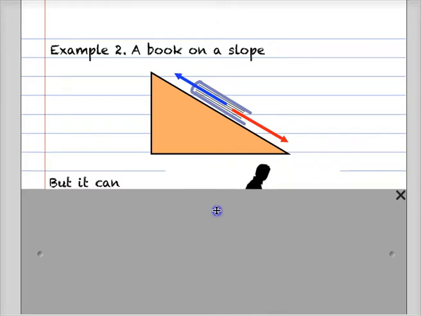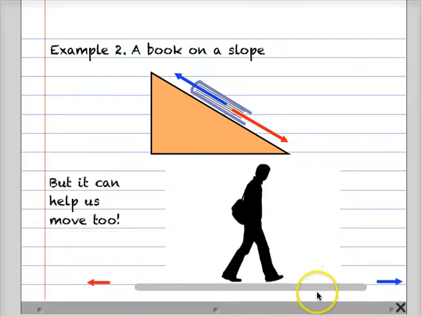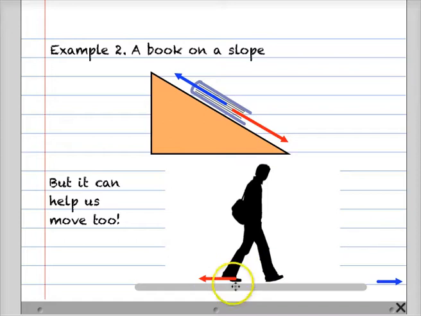But friction can help us move, in actual fact. Let's take an example of walking, an everyday action. When we walk, what we do with our feet is we push back on the ground. This red arrow represents us pushing on the ground. When we push on the ground, our feet don't slide across the ground because of friction.